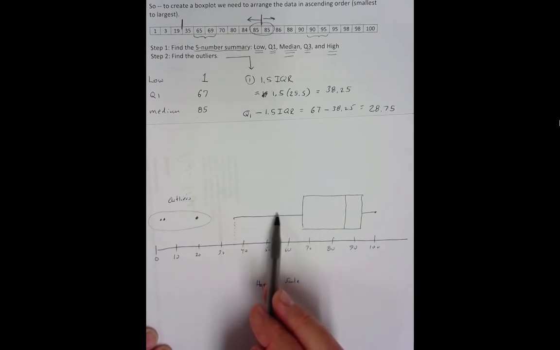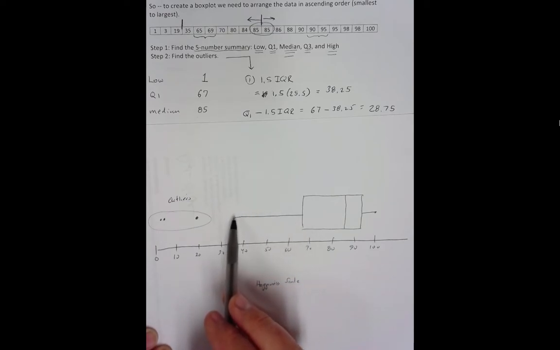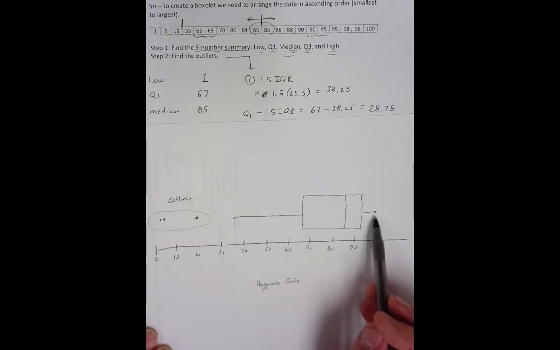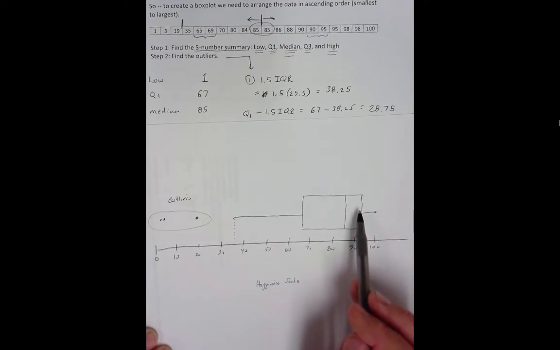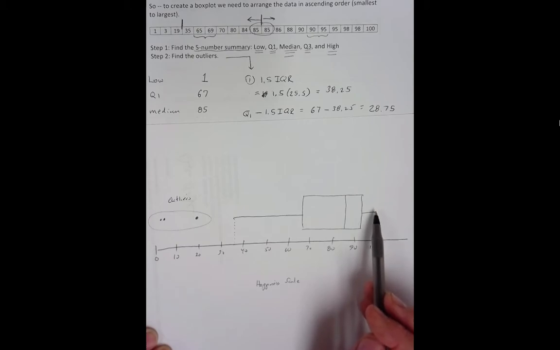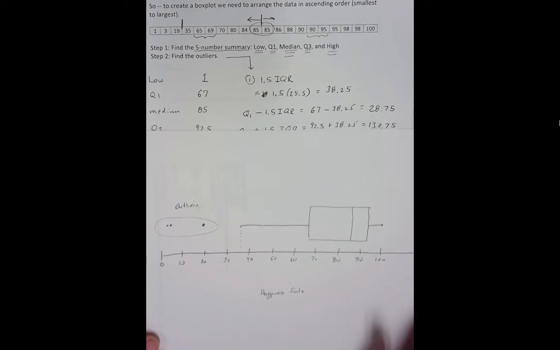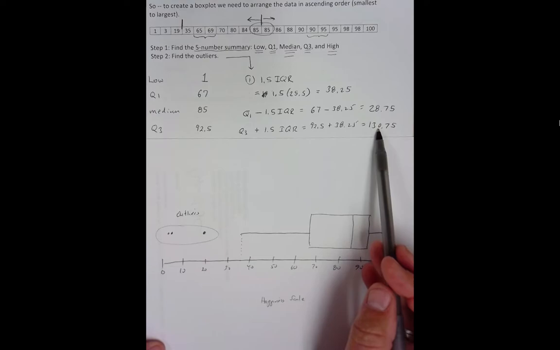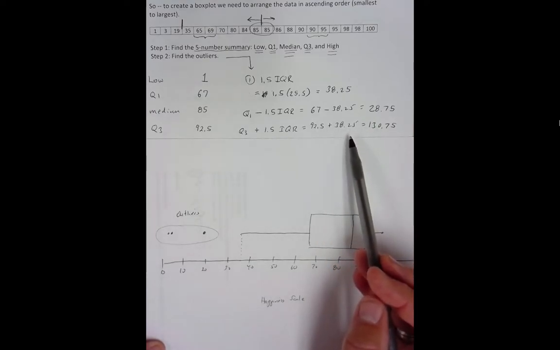It's connected to the main frame of the box plot, which means it's not unusually small. We don't have anything unusually large because if we did, we'd have a dot up there. So I connected all the way up to 100 because 100 is not an outlier. It didn't fall above the cutoff for being, again, normal versus an outlier.